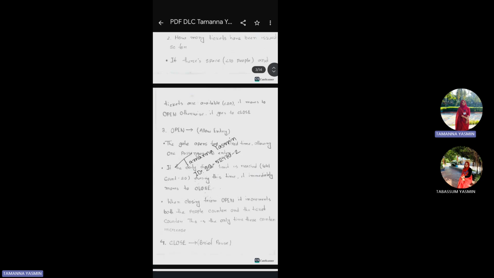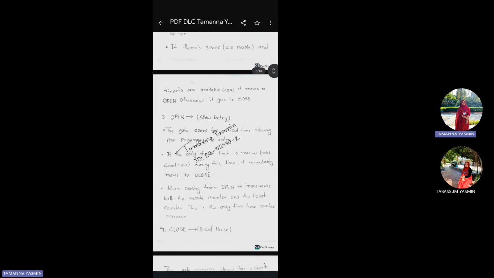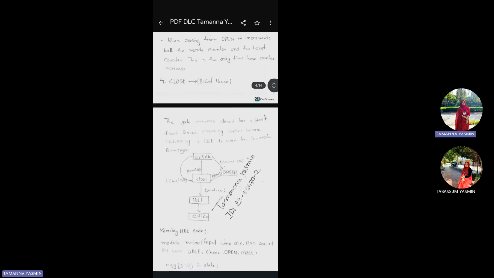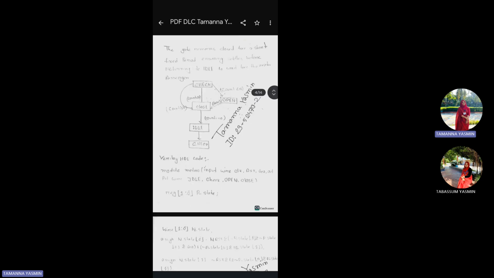The system also closes after 20 tickets are issued for the day. While in the open state, it waits for a special done signal from the counter. Once the done signal is received, it transitions to the close state and finally back to IDLE. I translated this logic into HDL code.